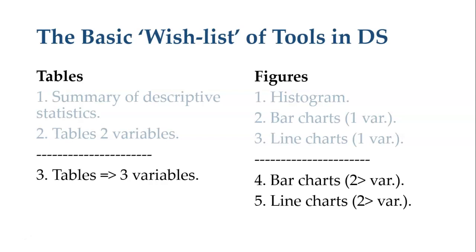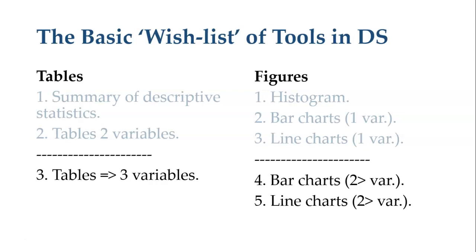And next week, we're going to learn a little bit more about how to prepare bar charts and line charts. We learned in lecture 4 how to prepare histograms, bar charts, and line charts, but we're going to learn how to do it with 2 or more variables.